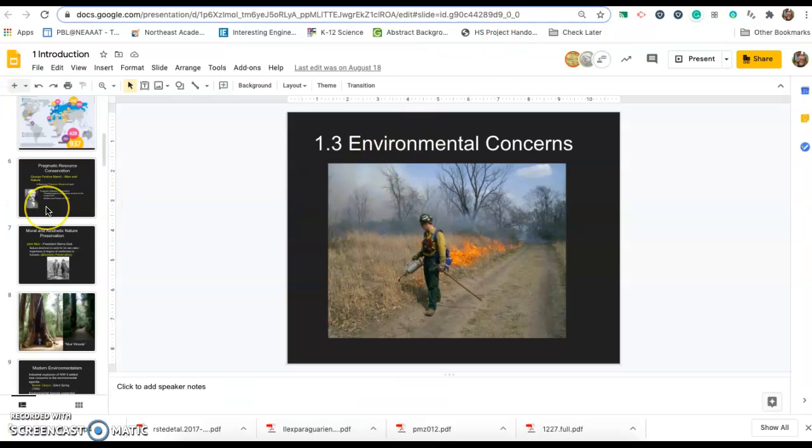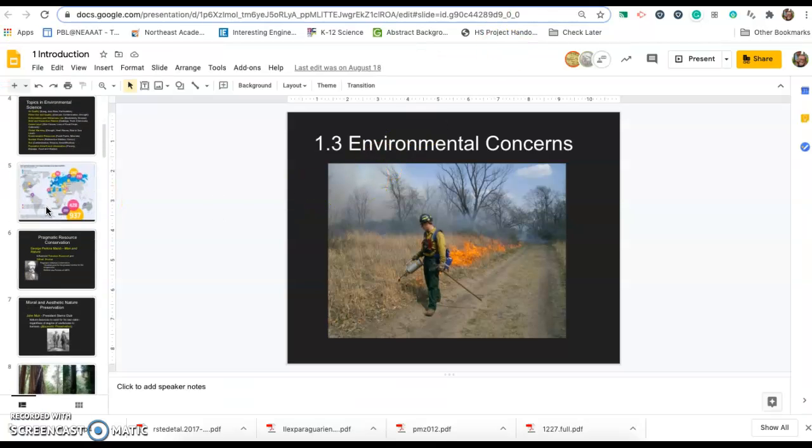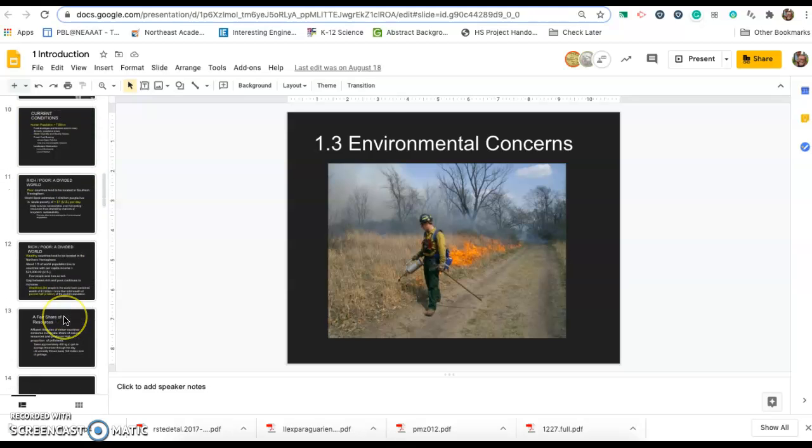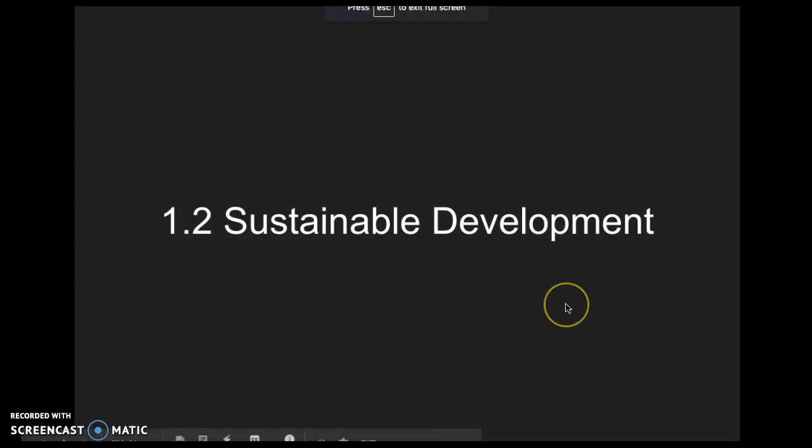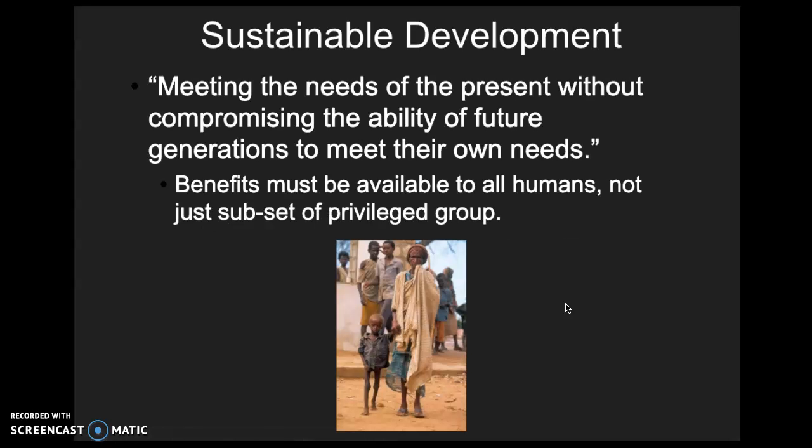So let's go ahead and dive into the lecture notes. So this is 1.2, Sustainable Development. When you're considering sustainability, you should think about that term and what does it mean.